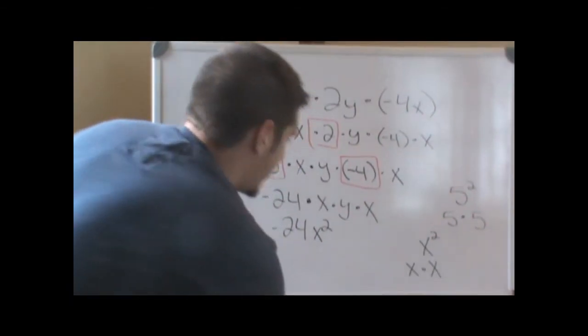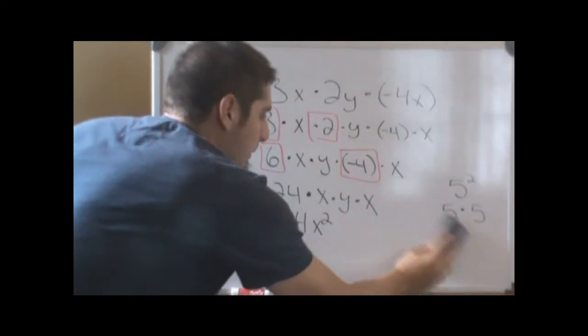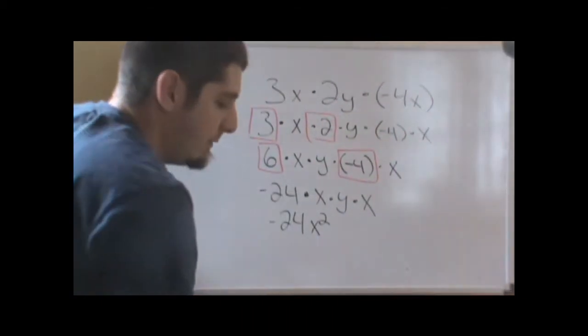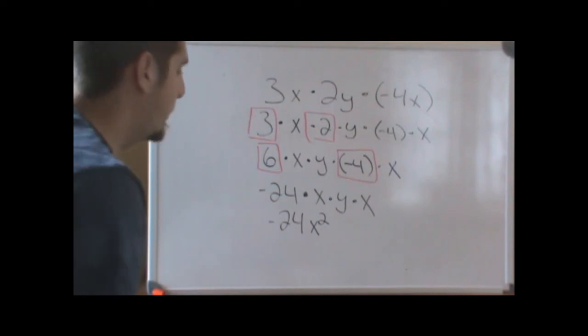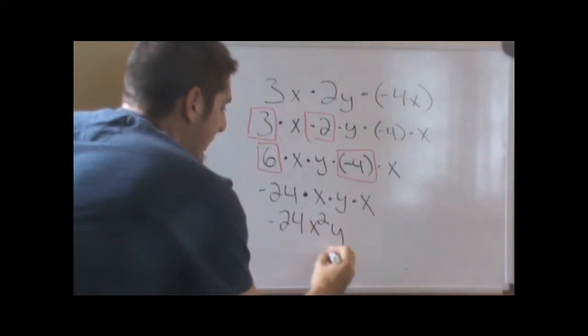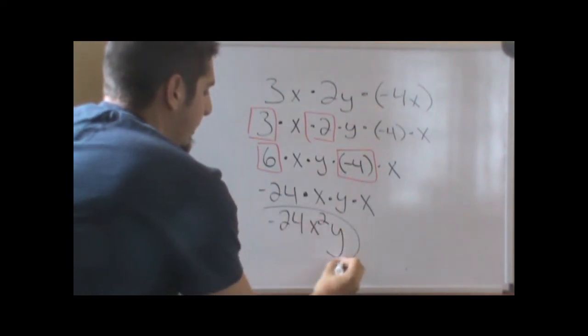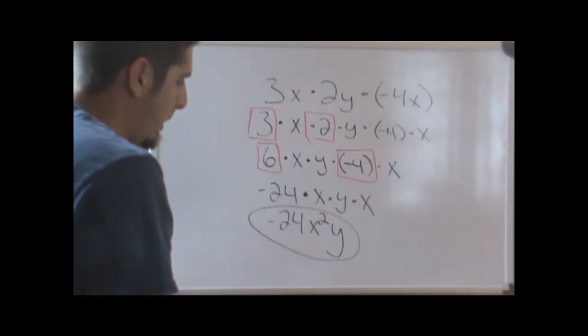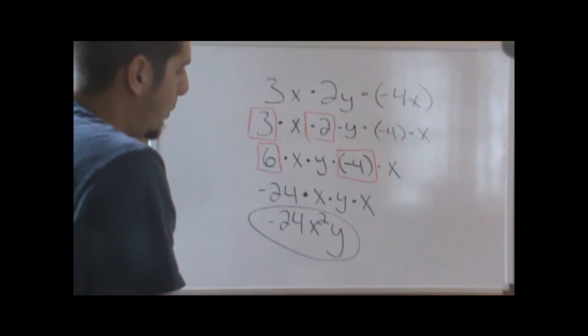And if I had 3 x's here, I would be writing x to the 3rd power. If I had 4 x's, I would be writing x to the 4th power. There's nothing to multiply the y by, so it stays just the same. And our answer is negative 24 x squared y.